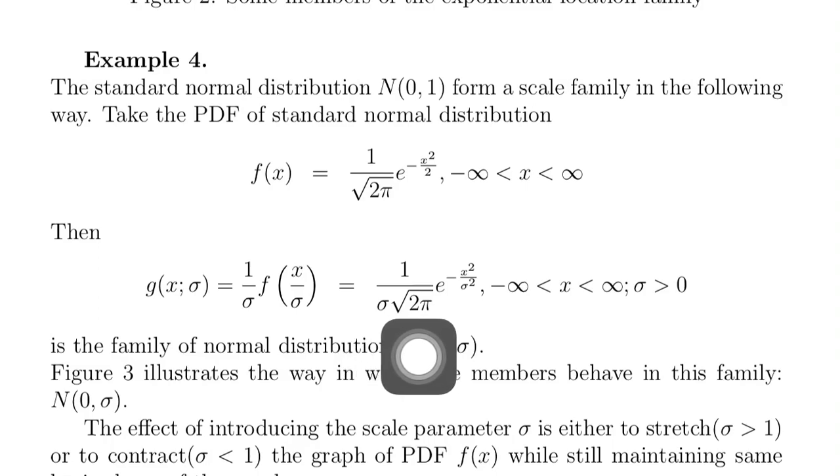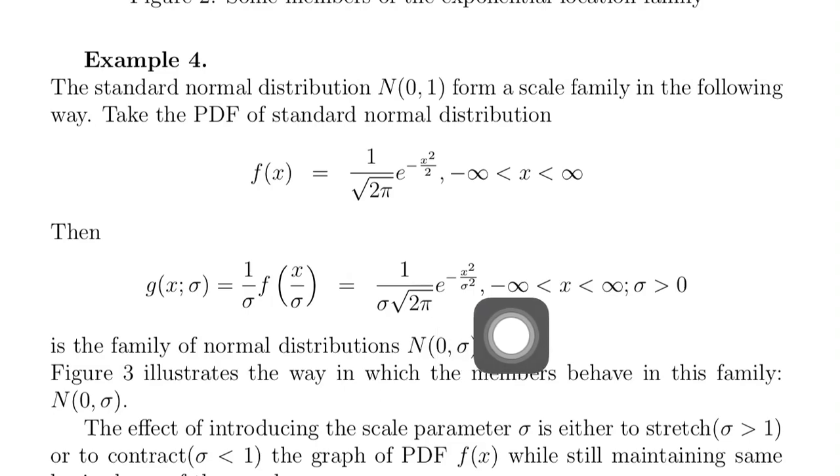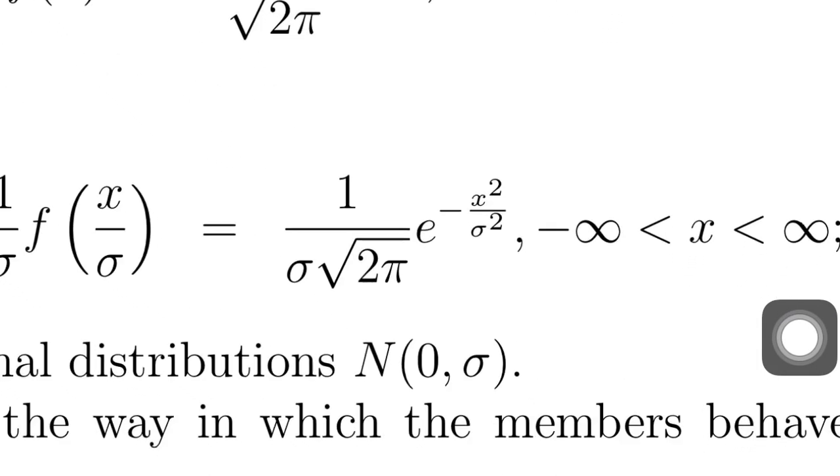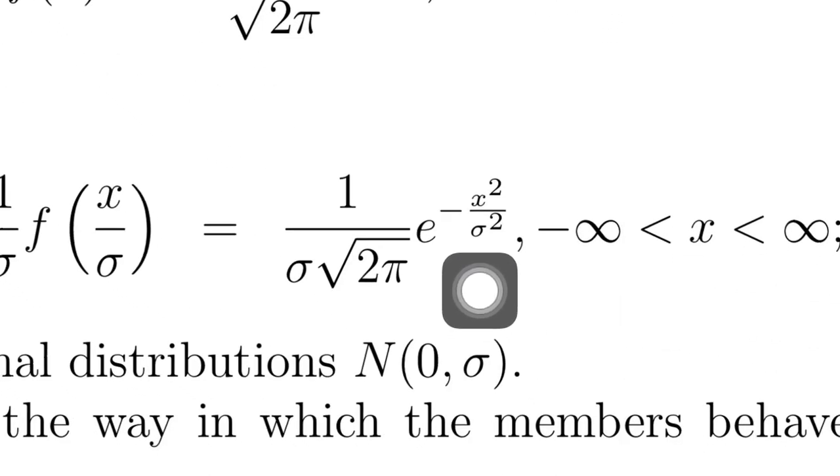It is 1 by sigma root 2 pi, e to the power of minus x square by sigma square, for minus infinity less than x less than infinity, sigma greater than 0. Now you please make a change here. In this density I have made a mistake; it should be e to the power of minus 1 by 2 into x square by sigma square. You please make the correction.